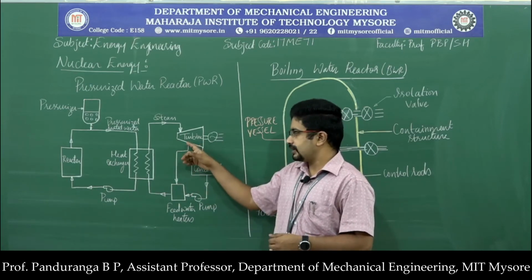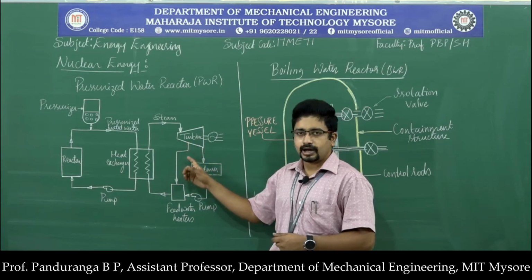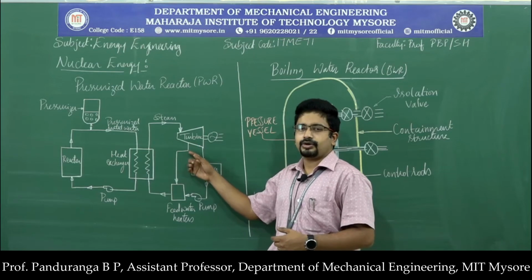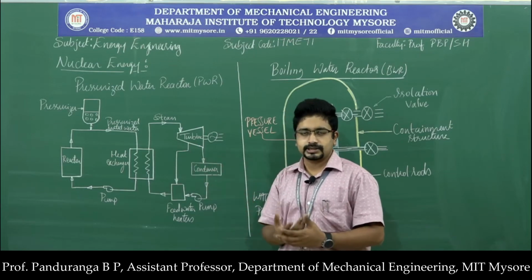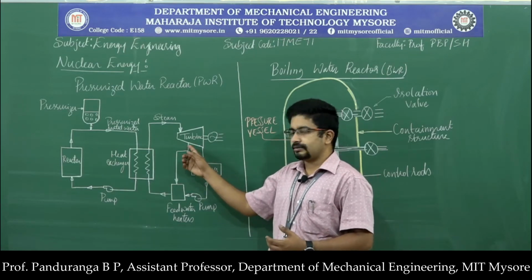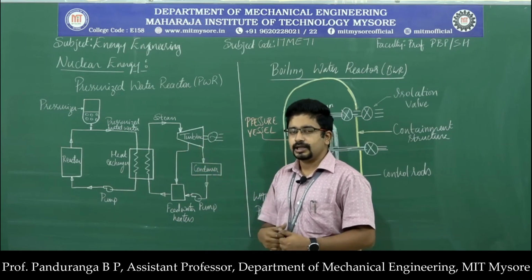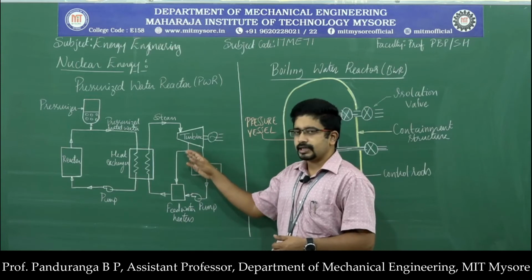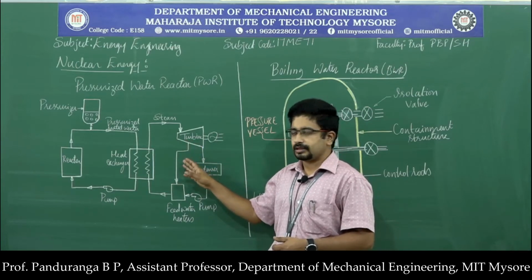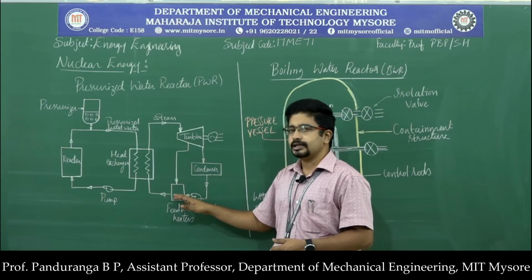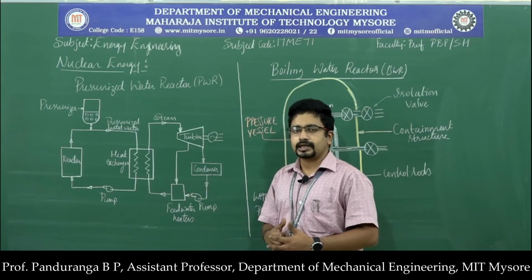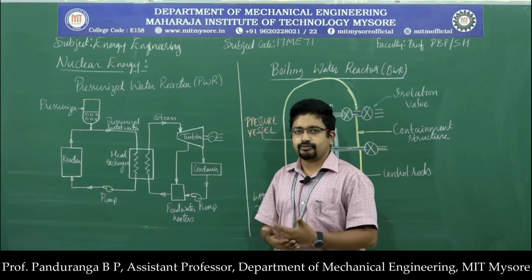For that purpose, we take out a part of the steam from the turbine, before it completely expands and loses its heat energy. This process we call bleeding. We bleed some amount of steam from the turbine, and that is directly mixed with the water coming out of the pump, which increases the temperature of the water.